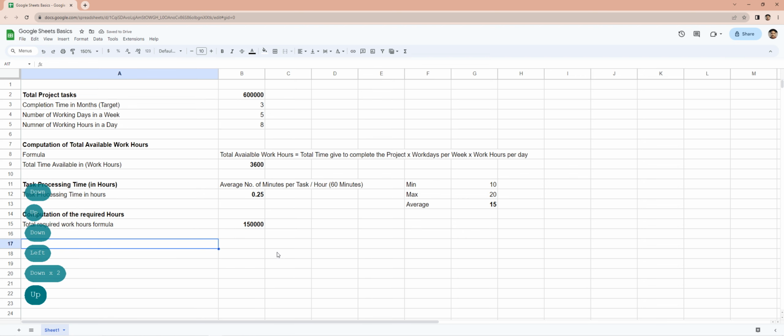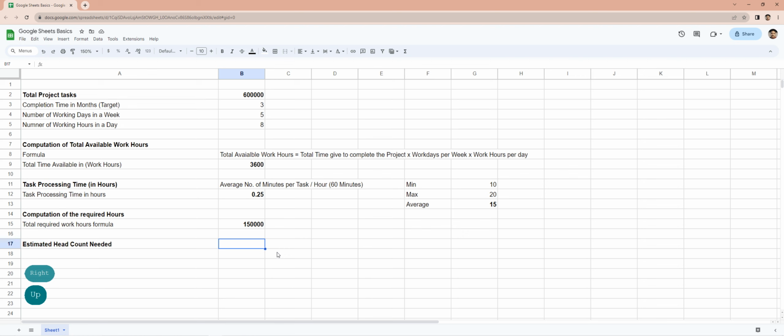Now, to get the estimation of headcount required, let's say estimated headcount needed. Sorry about my typo errors. The estimated headcount needed is total work hours divided by available work hours.